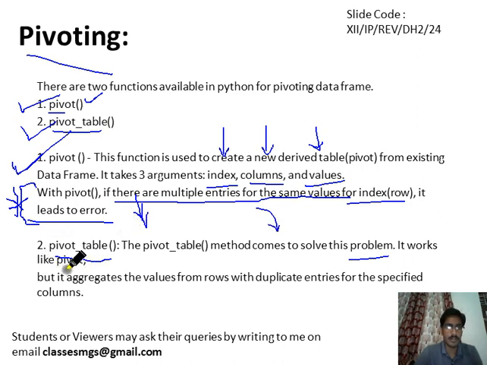It works like pivot, but it applies aggregate functions whenever duplicates arise. Aggregate functions, like mean, mode, sum, average, maximum, minimum, can be applied to these duplicate entries in the pivot table method. Okay, so let me discuss these two methods with an example in the next slide.